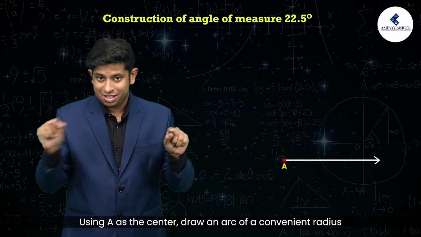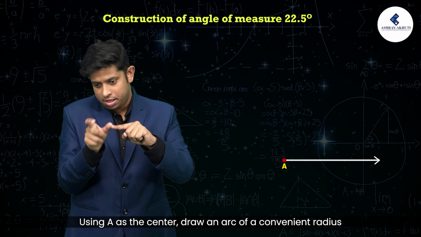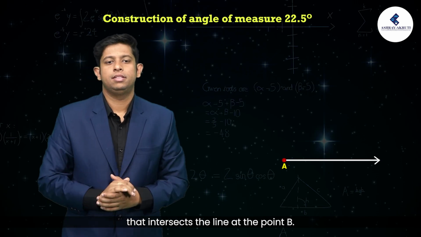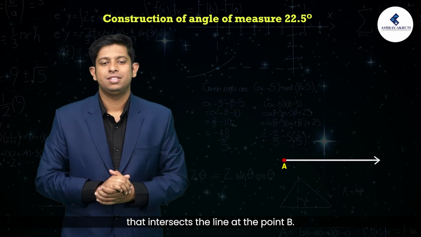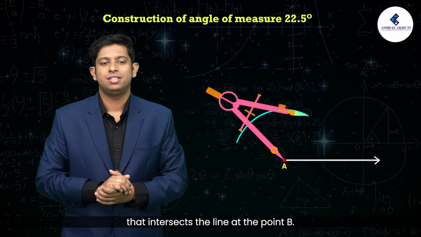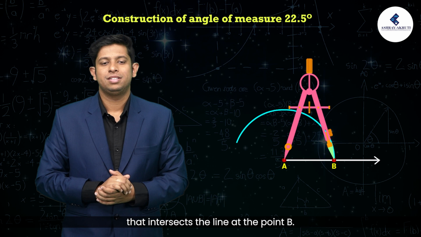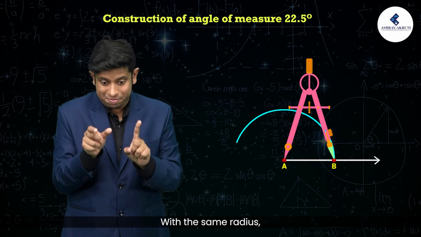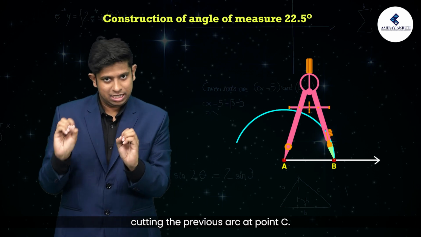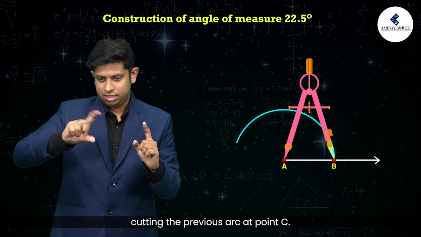Using A as the center, draw an arc of a convenient radius that intersects the line at a point B. Step 3. With the same radius, use B as the center to draw another arc, cutting the previous arc at point C.